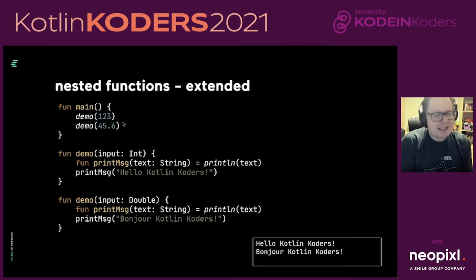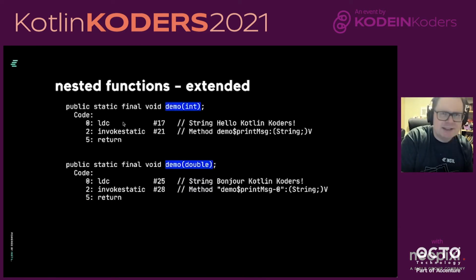So whenever I did this, I kind of expected that there would be name mangling going on. So we'd have a static method generated whose name was demo$int$printMessage. So the function signature would in some way be involved in the generated name given to the inner function. But it's not quite that. So we get our two functions called demo, one taking an int, one taking a double.